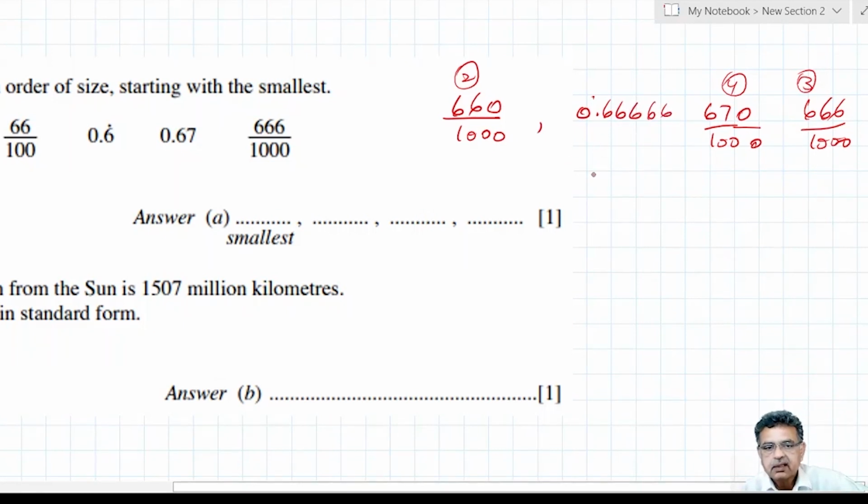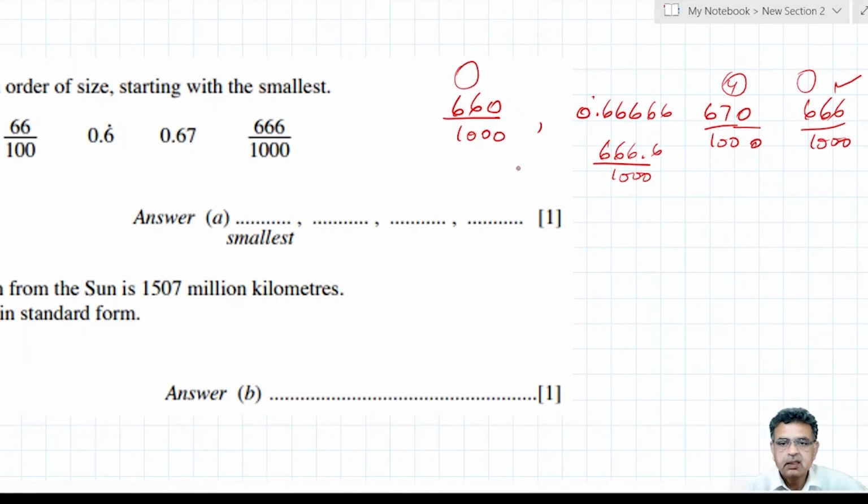I'm not sure here, but I can see a dot on it, so I have considered it as recurring. So I can write it as 666.6 over 1000. This is 666.6, so this is larger than this now. So this should be smaller than that.